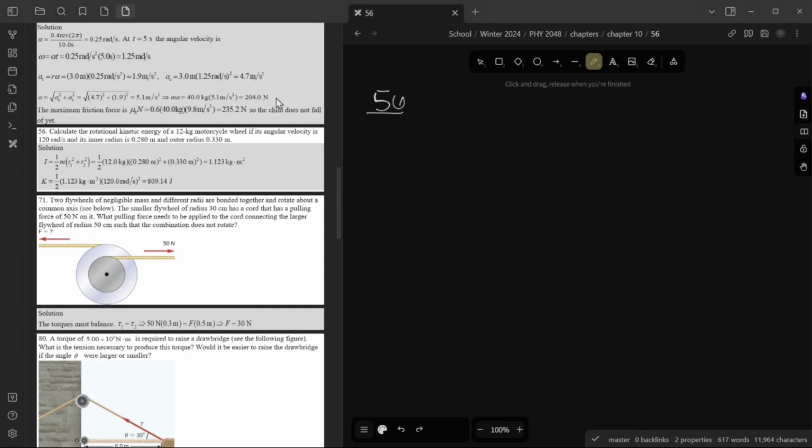So if we go back, the problem stated calculate the rotational kinetic energy of a 12 kilogram motorcycle wheel if its angular velocity is 120 radians per second and its inner radius is 0.28 meters and its outer radius is 0.33 meters. So let's go ahead and write everything down first. So M is 12 kilograms and its angular velocity equals 120 radians per second.